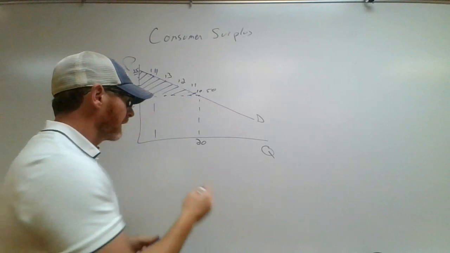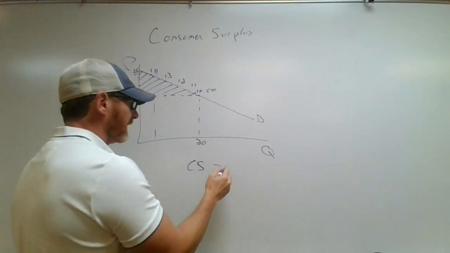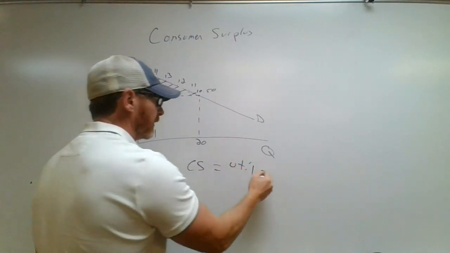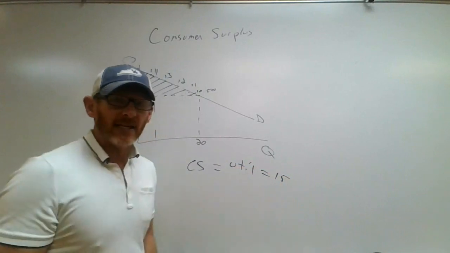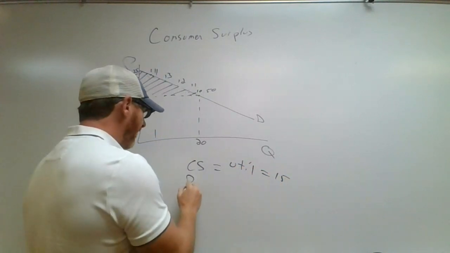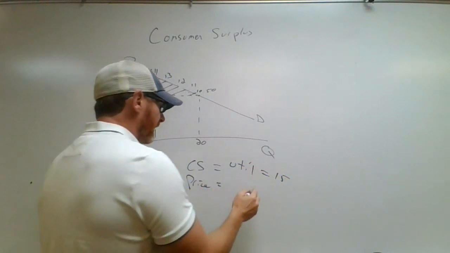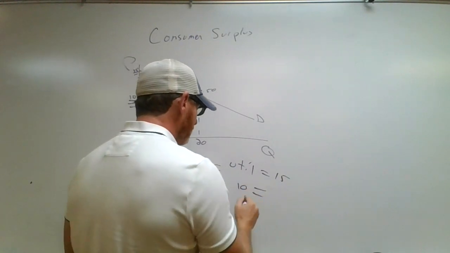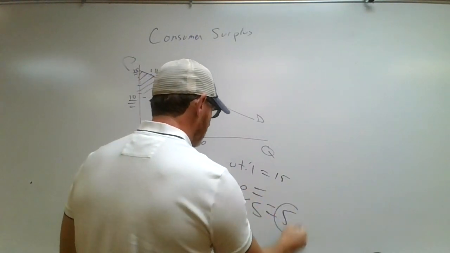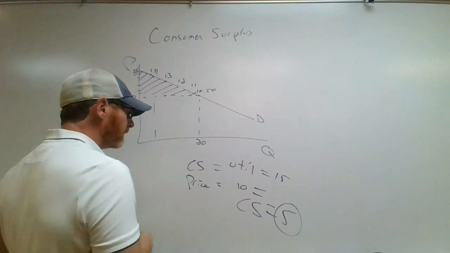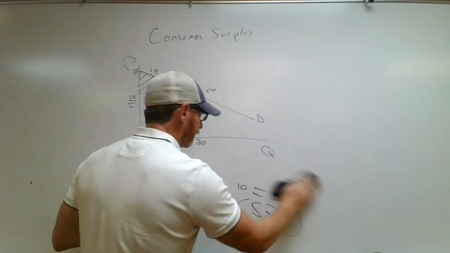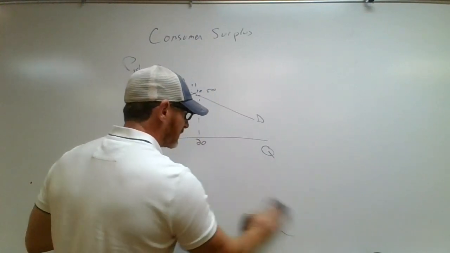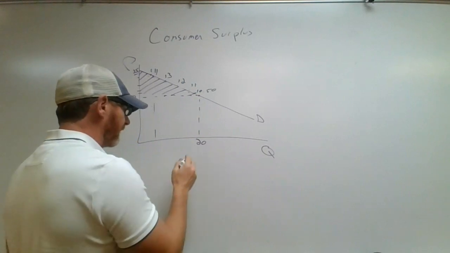For example, for one person, if what you'd be willing to pay is $15, but the actual price of the good is $10, that means you're experiencing a consumer surplus of $5, right? So if your utility is 15 and the price is 10, you're coming out $5 ahead, right?